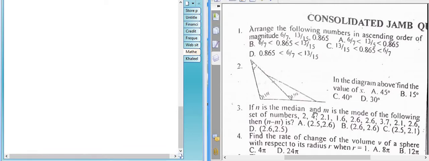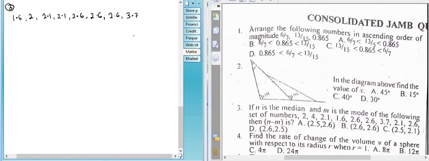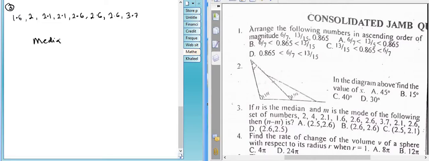Firstly, what you need to do is arrange the numbers in ascending order. This is the set of numbers in ascending order. So we want to find the median of these numbers. The median is the number that appears in the middle.